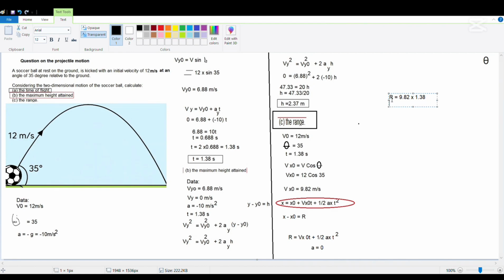Using the calculator, 9.82 times 1.38 gives me 13.55, so it means 13.6 meters. That's the answer for this question.